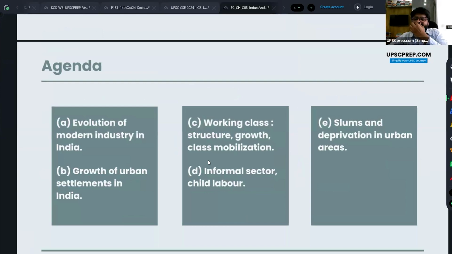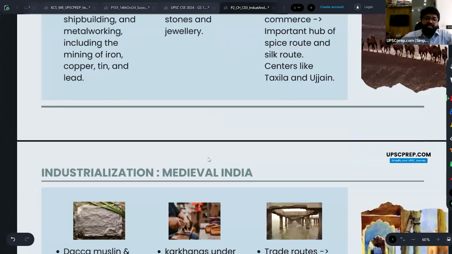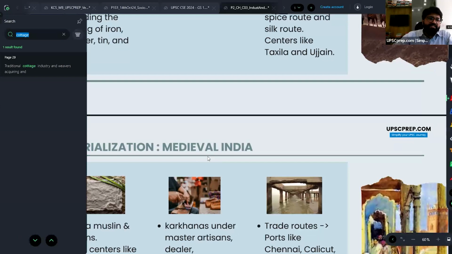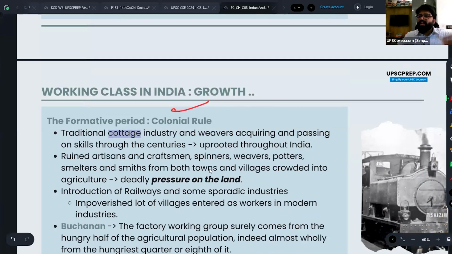How industrialization happened pre-independence, during independence, post-independence, what the developments are like, what has been the impact of colonial rule. Imagine, I directly searched cottage industries here. You are anyways going to study some bit of it in your history part also.